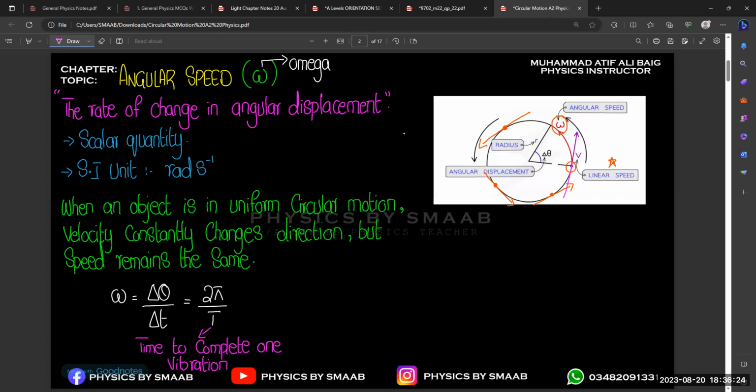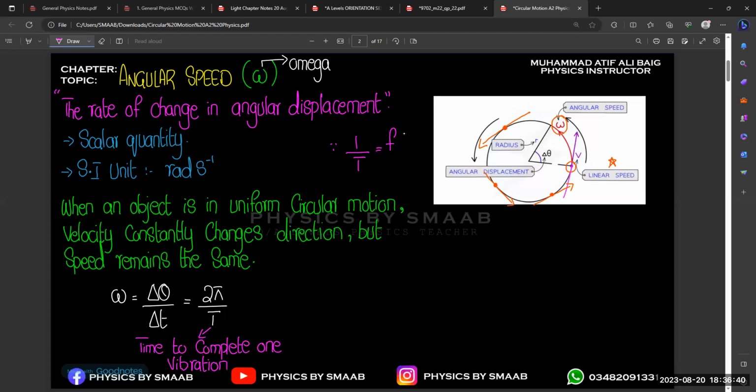And you know from the relation that we already studied, 1 over T is equal to which quantity? If you remember from the wave section, that is frequency. Yes, very good. So that will be equal to frequency.